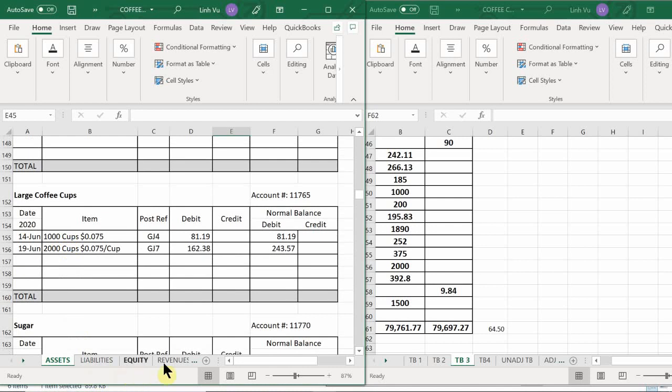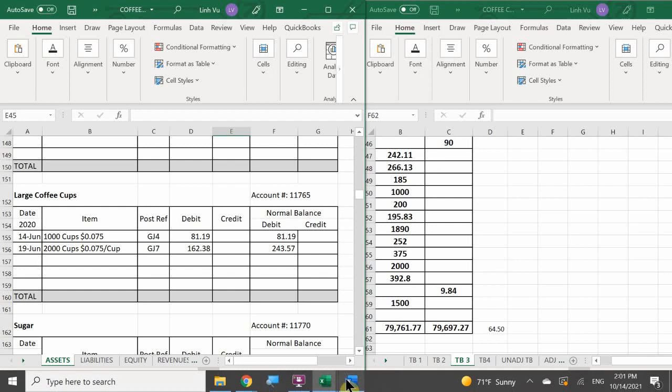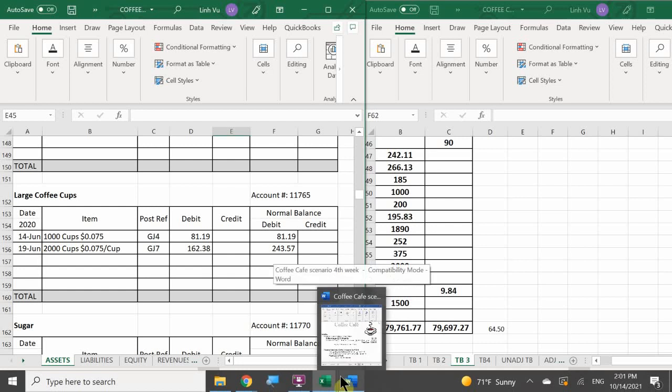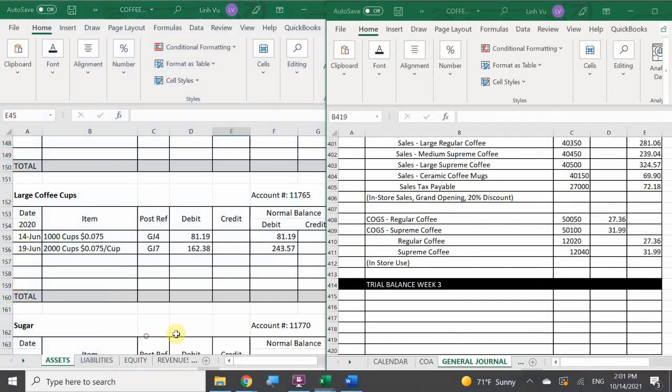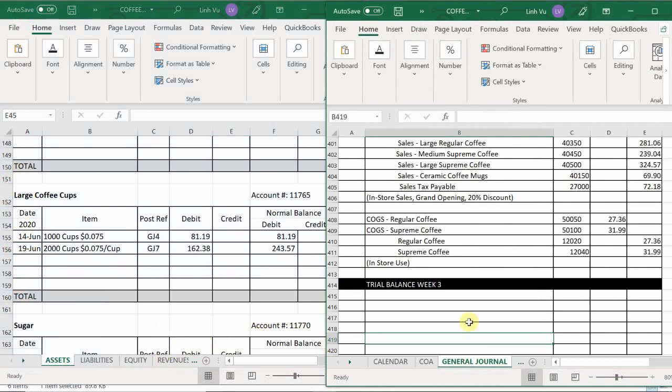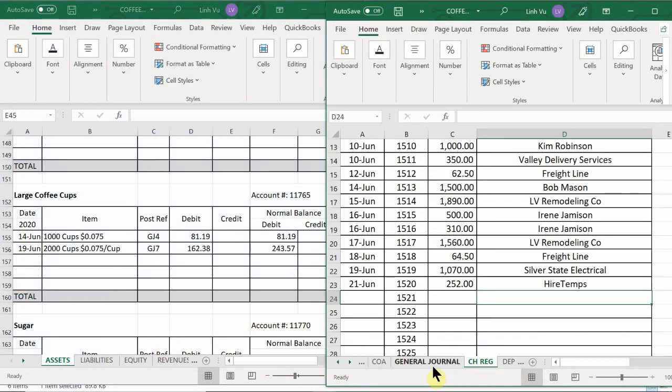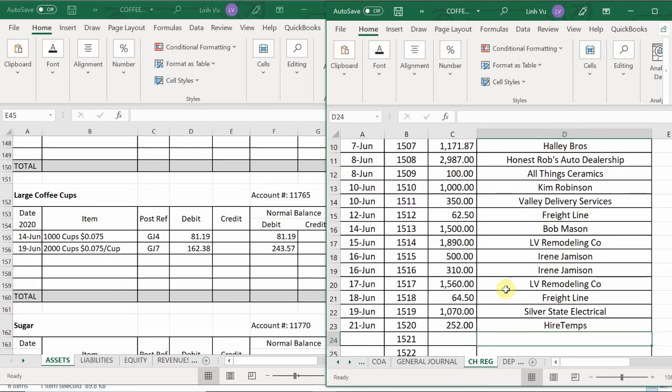Or let's check my check register actually, because we were supposed to write a check, right? So let's take a look at my journal. Check register. We're supposed to have written 64.50 right here on the 18th of June.